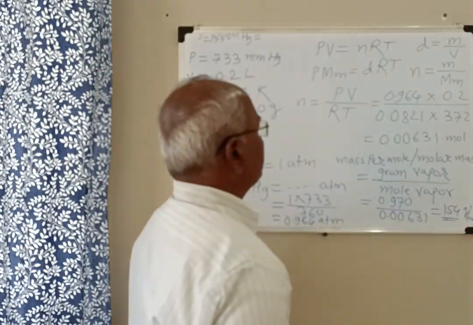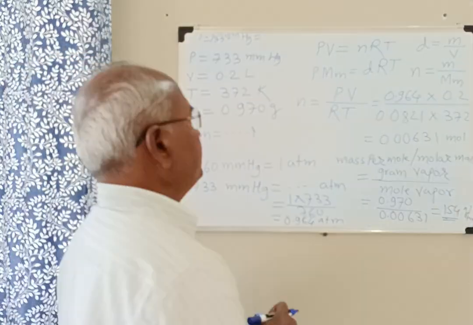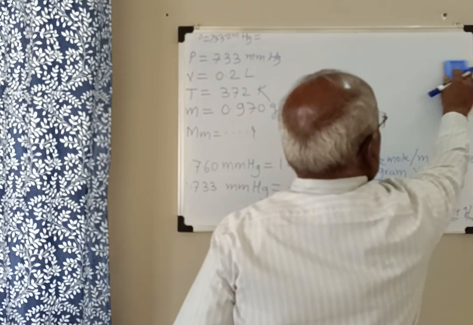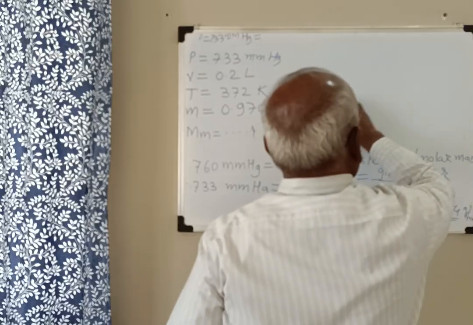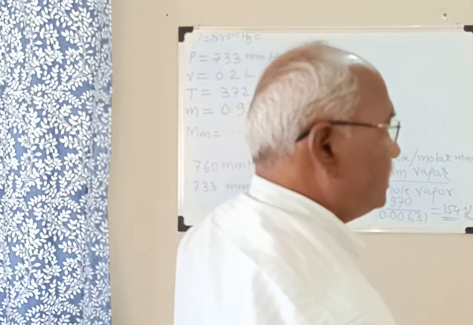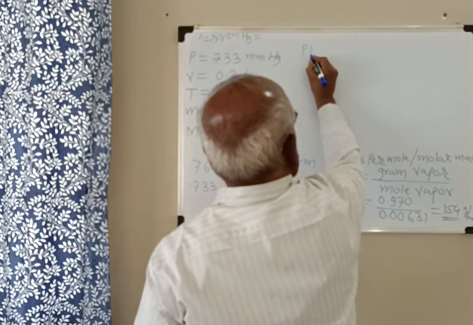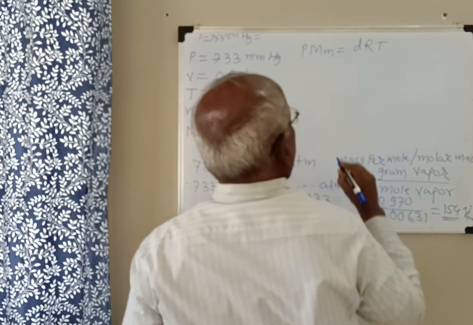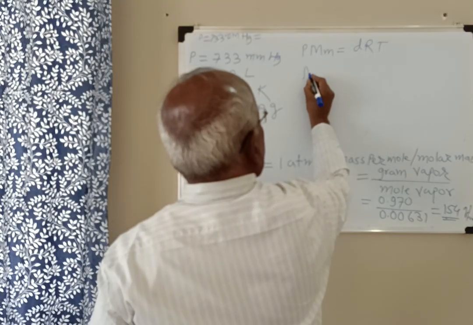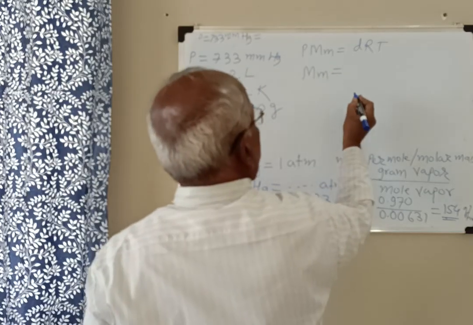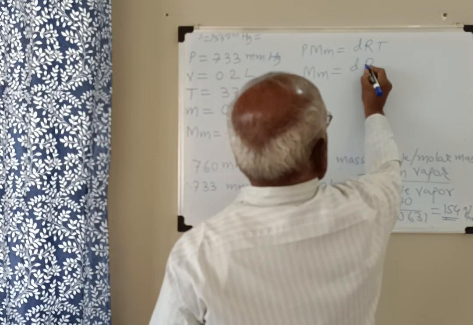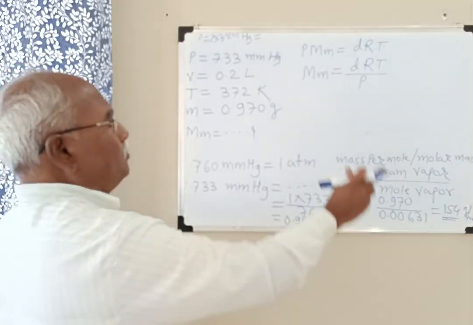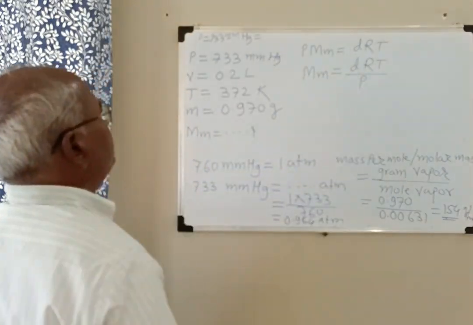The same answer can be obtained by using the relation: molecular mass or molar mass is equal to DRT upon P. But we don't know the value of D.